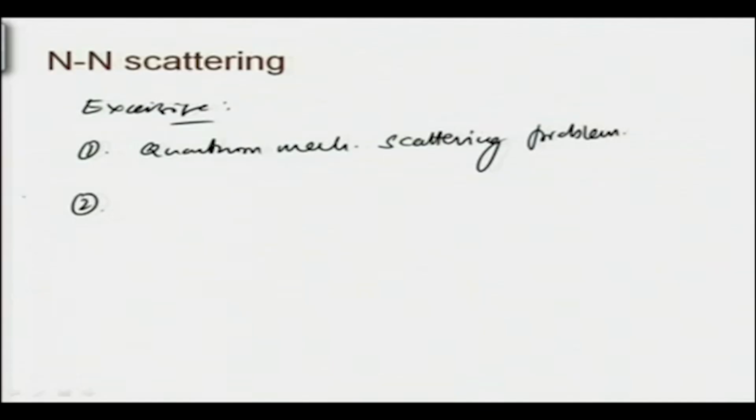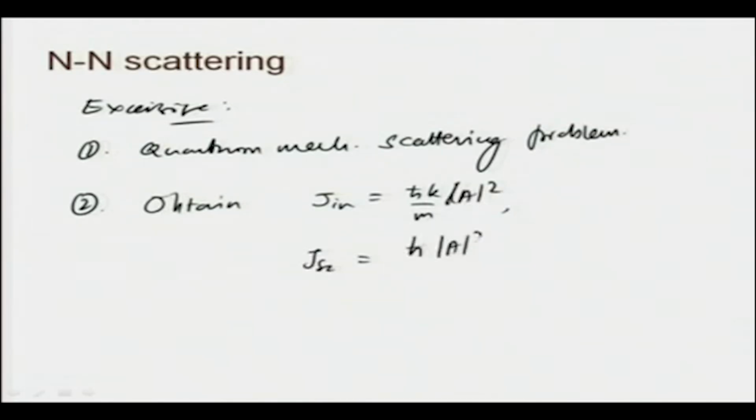And another thing that we did not really work out in detail is the current that we considered. So, work out, obtain J_in equal to h-cross k over m, absolute value of A squared, and J_sc equal to h-cross A squared over m k r squared, sin squared delta 0, for the problem discussed today.